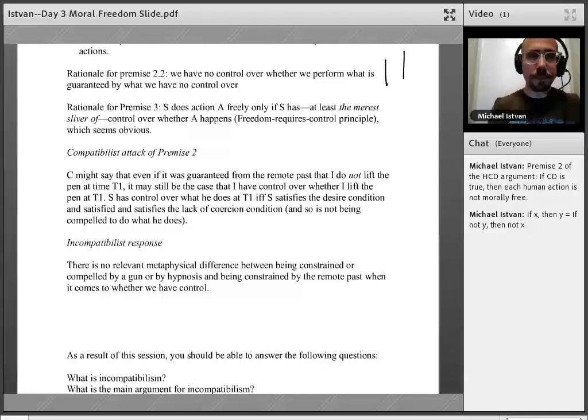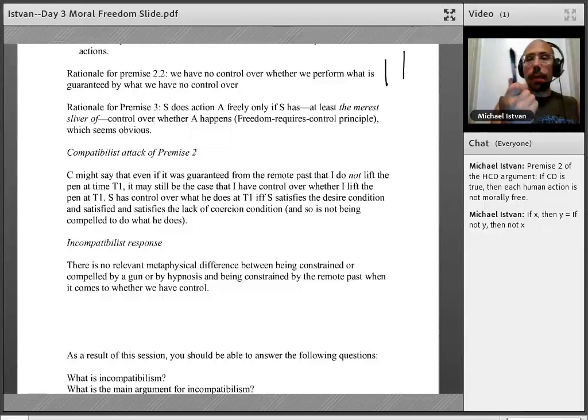For example, according to this compatibilist strategy, even if it was guaranteed from the remote past that S, Sam, Sarah, whoever, does B, whatever B is, at time 1, it might still be the case that S has control over whether B happens at time 1.